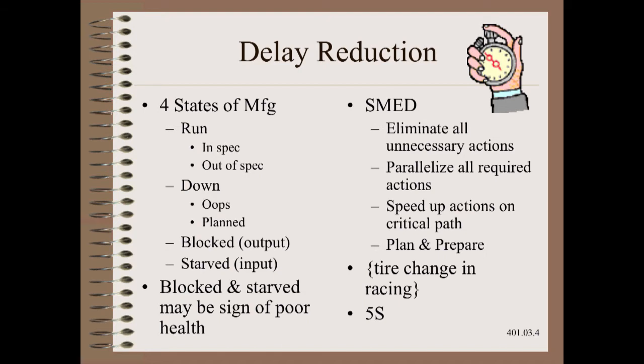Here, 4 tires can be changed in 14 seconds, while we would be lucky to get 1 tire changed on our family car in 14 minutes. While SMED begins with common sense, there's enough there to justify going to school for a couple of days on the topic. 5S is another popular but somewhat less rigorous program.